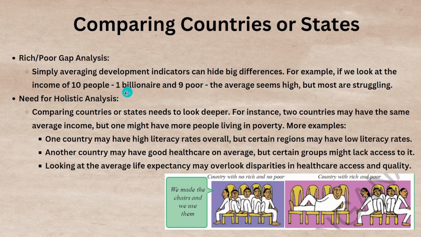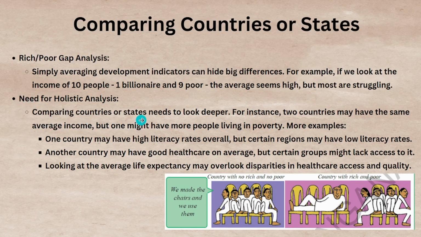Like if he has 100 crores and each of the others has 1 lakh, it looks like everybody has some 9 crores. So that is very misguiding, right? A misguiding report or misguiding insight. So in that way, the average will tell what I am saying.